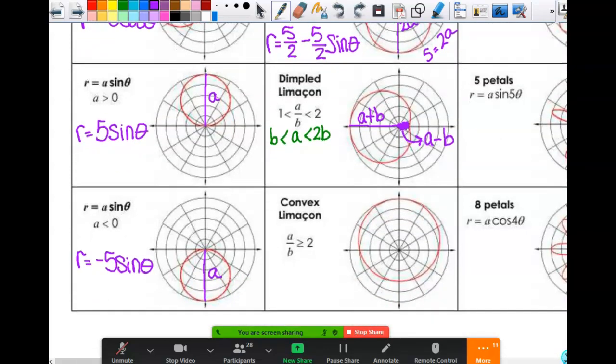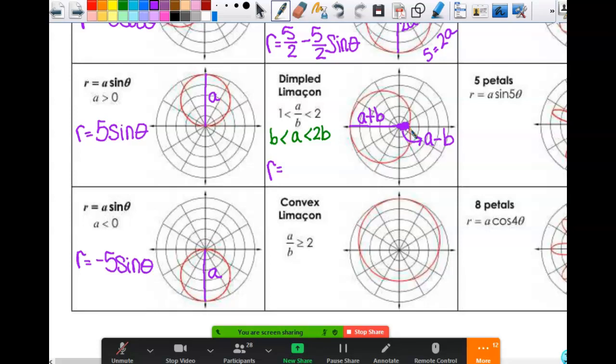So I know this is, again, going to be R equals A plus or minus B times cosine or sine of theta. Now I have to figure out A and B again. This time I need two numbers that add to give me 5 and subtract to give me 1. 2 and 3. Okay, so my numbers are 2 and 3.